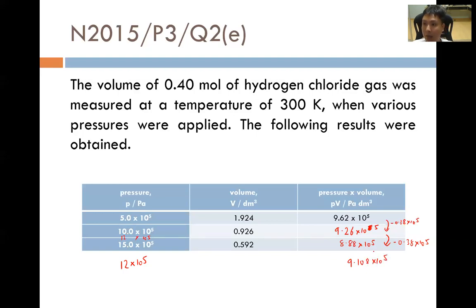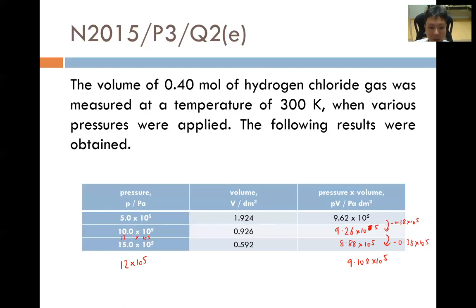Okay, let me clarify one more time. When we double the pressure from 5 to 10, we decrease the product PV by 0.38 times 10 to the power of 5. When we go from 10 to 12 instead of 10 to 15, we are only increasing by 2 units and not 5 units.